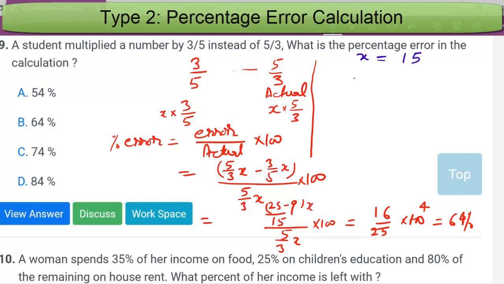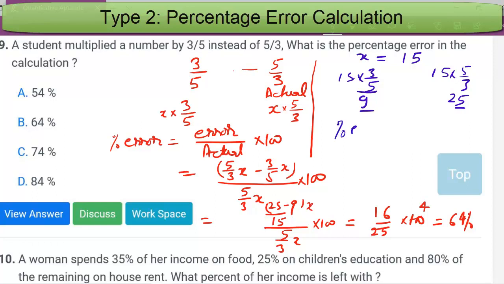Okay, so in this case the number you get after the error will be 15 into 3 by 5, and the actual number would have been 15 into 5 by 3. So here you are getting 9, and here you are getting 25. There is no fraction. Now you can do the similar calculation and you will get the percentage error.